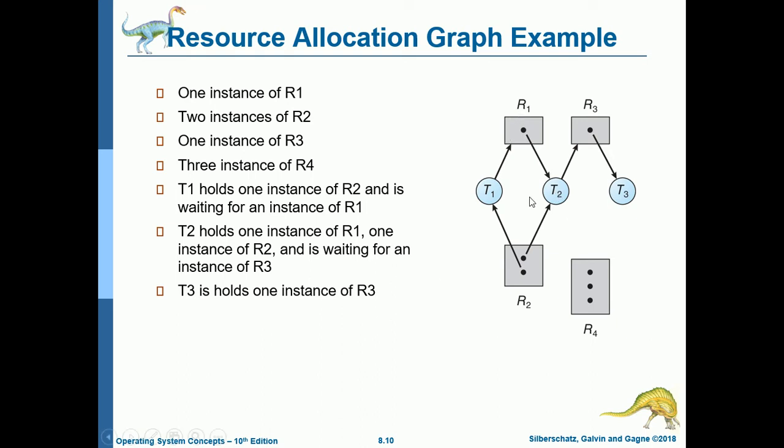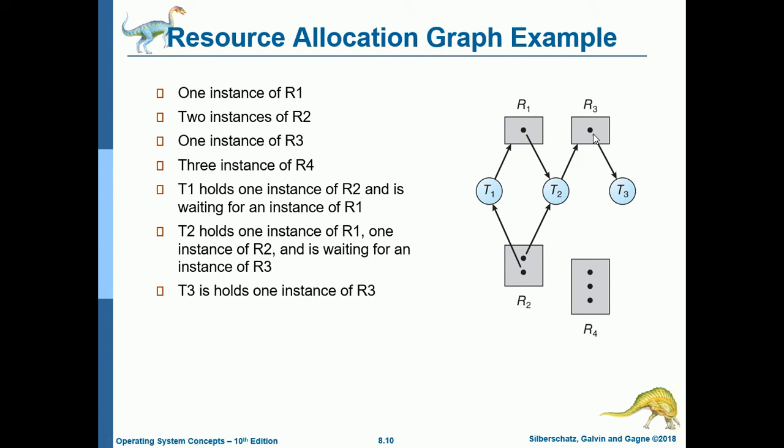T sub 2 holds one instance of R sub 1, as you can see from the assignment edge of R sub 1 going to T sub 2. It also has acquired one instance of R sub 2, so that is assigned to T sub 2, and it also waits for an instance of R sub 3. And then T sub 3 holds one instance of R sub 3.